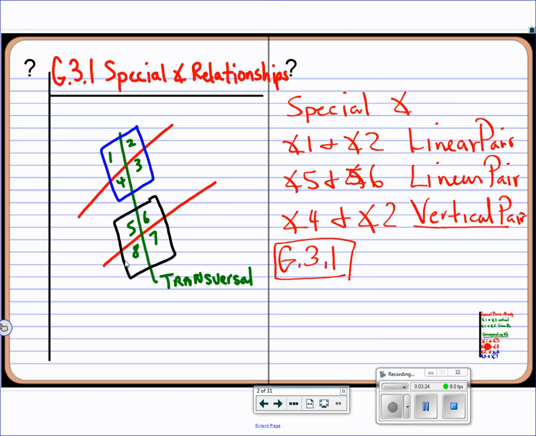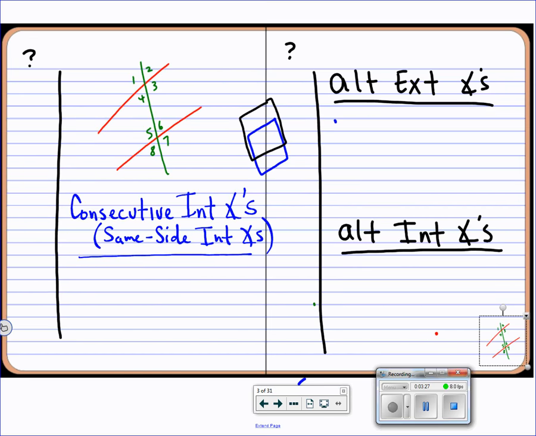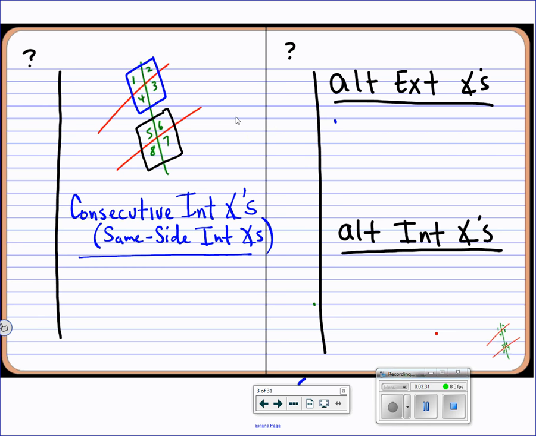All right, so let's look at some special angle pairs. Taking a look at this, I have a group of angles on top and a group of angles on the bottom, and so I'm looking at a set of angles called consecutive interior angles, okay? First of all, we have to identify that these are called the interior angles, the ones that are in between the two lines that are being cut by the transversal, okay?